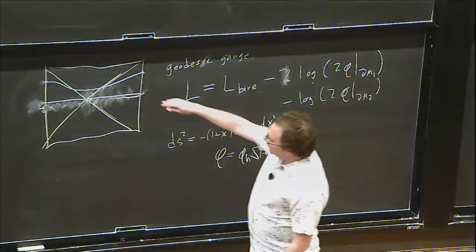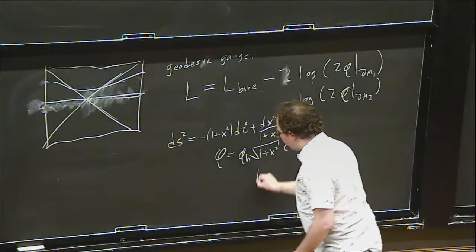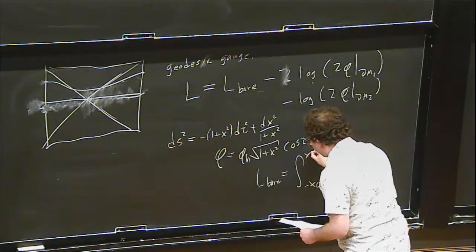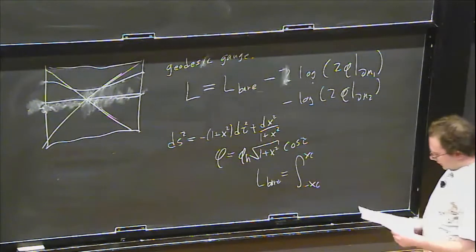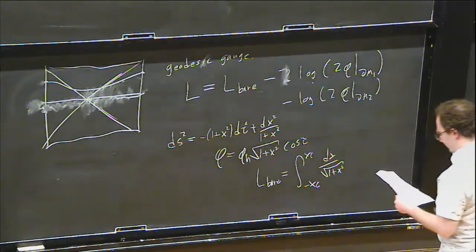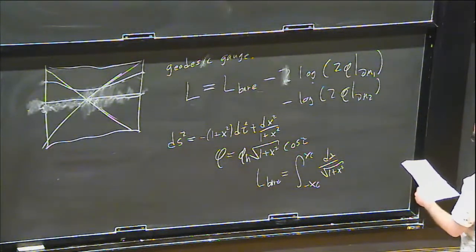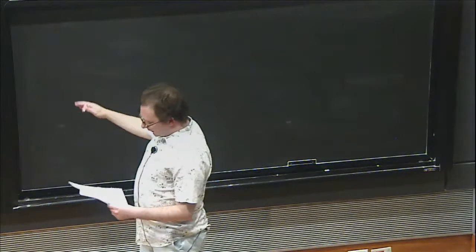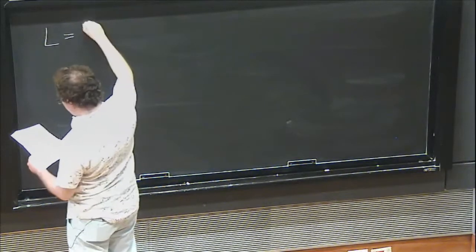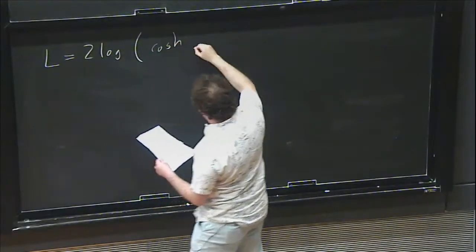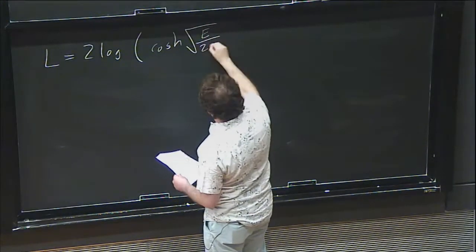And then you can evaluate the length of this geodesic and find that the bare length is an integral from the cutoff values in these x coordinates, dx over square root of 1 plus x squared. And when one goes through all the algebra, it turns out the answer has this piece, which looks divergent when you take R_C to infinity. And when I subtract it off, the remainder is the following thing written in terms of the variables that we already discussed, and one that I'll explain in a second.